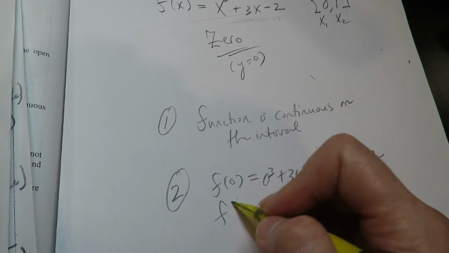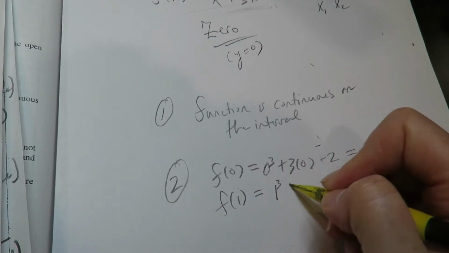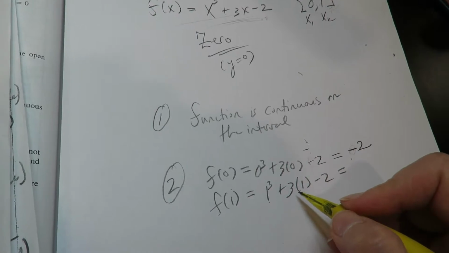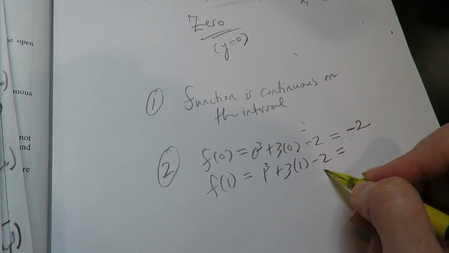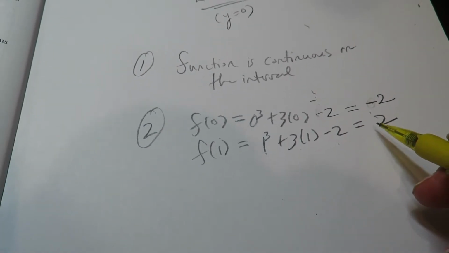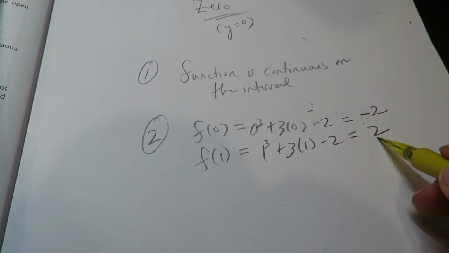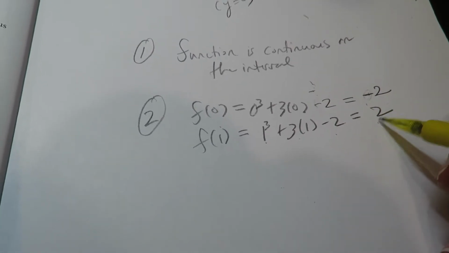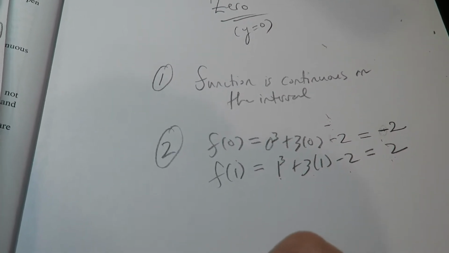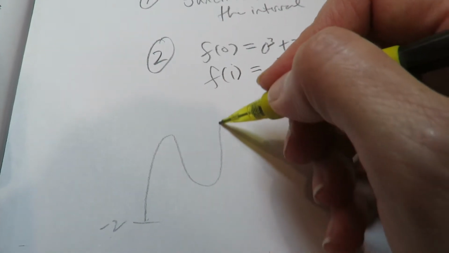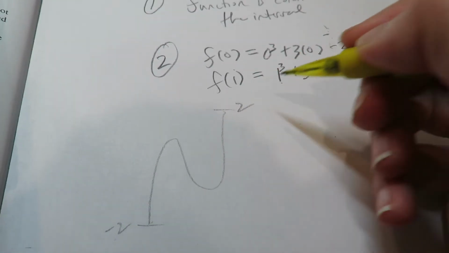And I'm going to put in 1. 1 plus 3 is 4, minus 2 is 2. So my heights go from -2 to 2. Whatever this looks like on this segment, I don't know what it's doing in the middle, but it goes from a height of -2 to a height of 2.